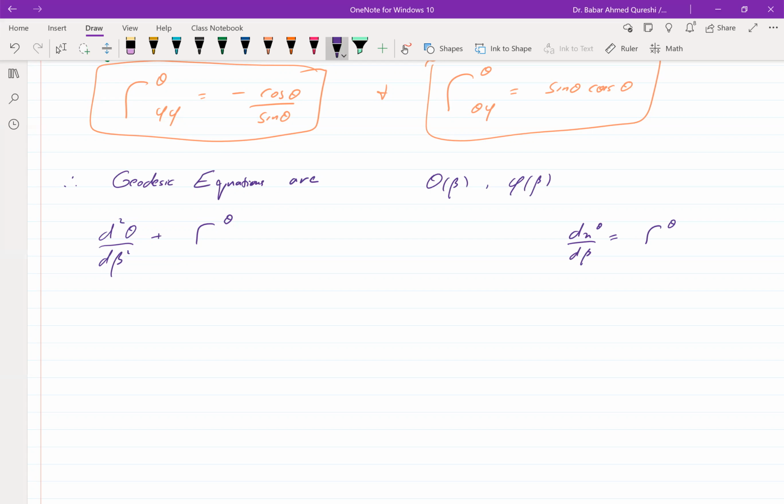But when I put theta up there, the only non-zero one is with the phi phi here. So I will have d phi by d beta squared. Well, let me write it with the tau, just because it looks nicer.